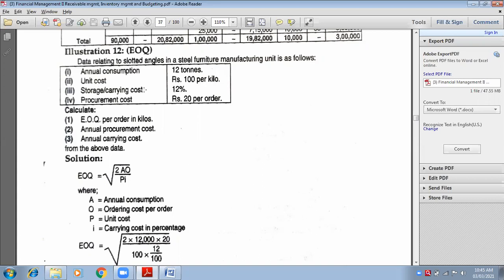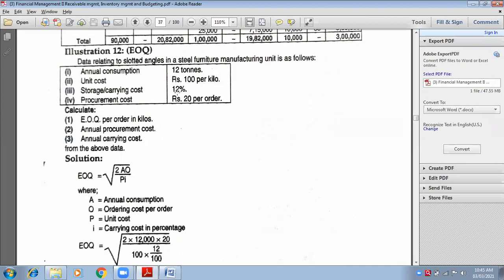Okay, so ICC carrying cost is 12%, but I don't want a percentage. I want per kilogram, per unit. Here the unit is kilogram. Now I want it per unit, per kilogram, but it is given as 12%. How do I do it with 12%?